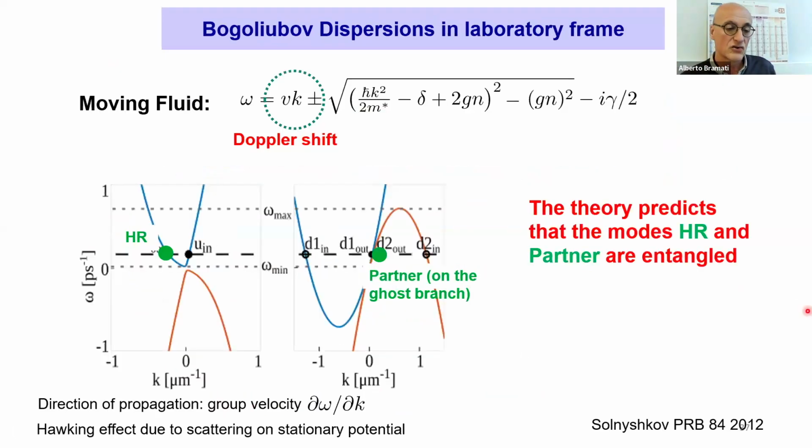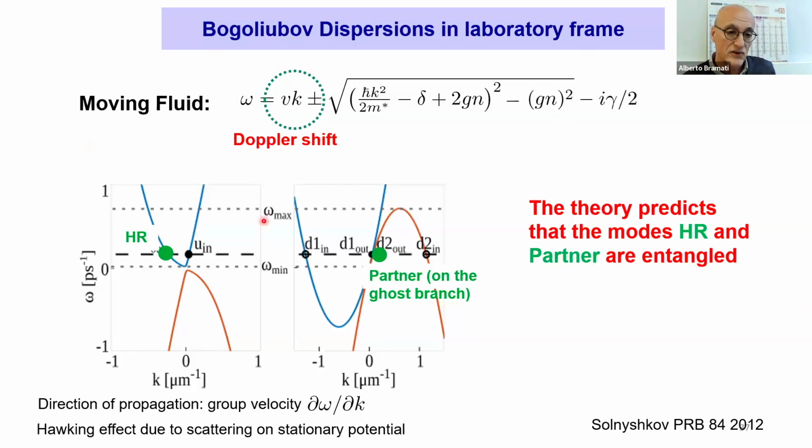Of course we can measure with the technique that I explained before the dispersion in the two regions, but in this case we have to pay attention, because now the fluid is not at rest, it is moving quite fast. So we also have to consider the presence of the Doppler shift when we observe the Bogoliubov dispersion in the laboratory frame, and this modifies the Bogoliubov dispersion.